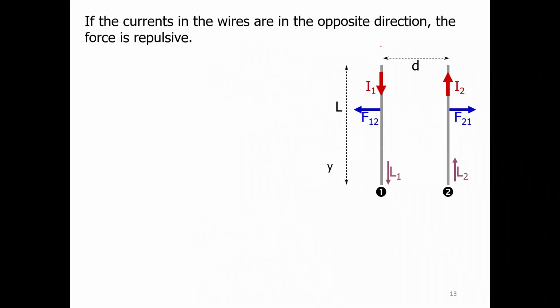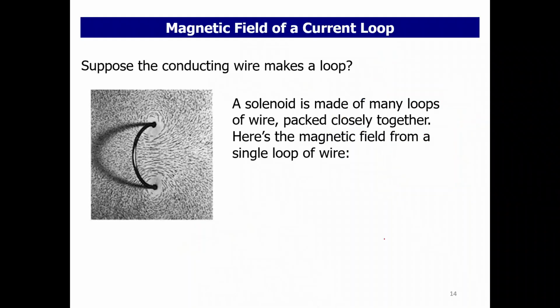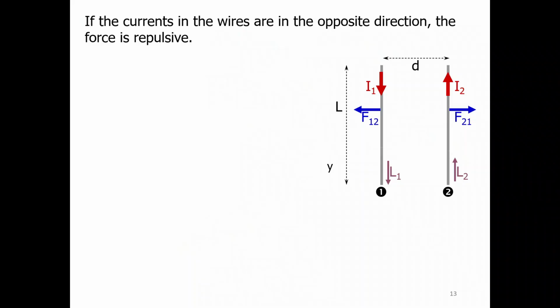So for example, we're going to use I1 as the source again. Then our source is creating a looping magnetic field, so we're going to get that looping magnetic field right here. Now if I put my thumb towards the bottom of the page, when I'm over here at wire 2, instead of being into the page, it's going to be out of the page.